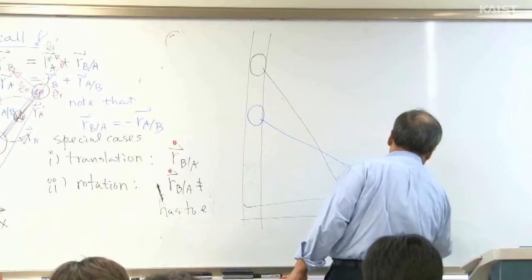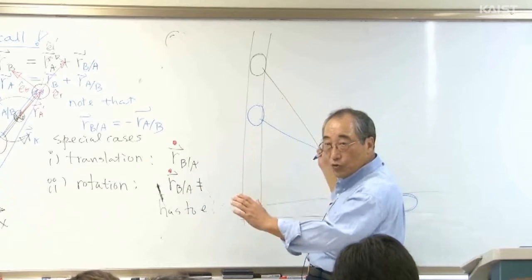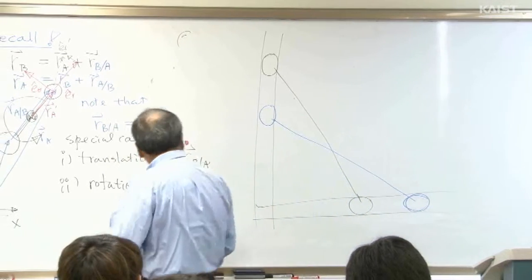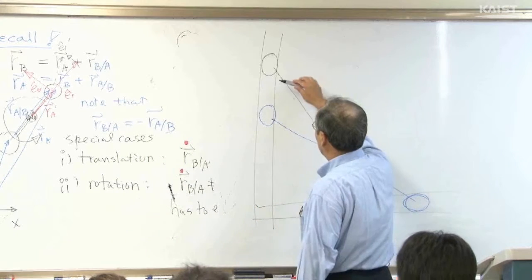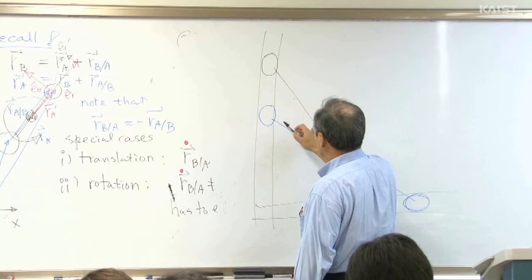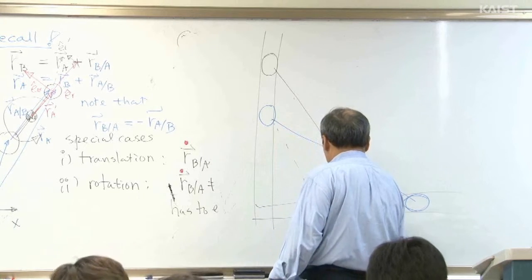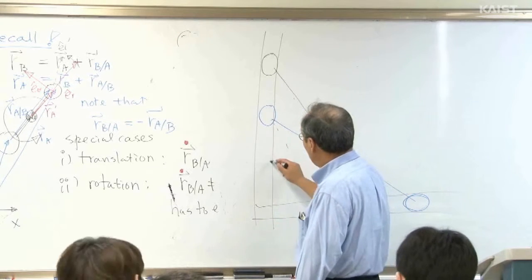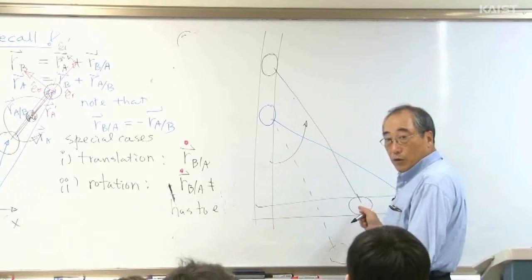Therefore, it will reach over there with a certain velocity. Okay, I can say the motion of this is the same as, this one moves down, therefore it will move down over here, and then it rotates with omega so that it reaches over there.